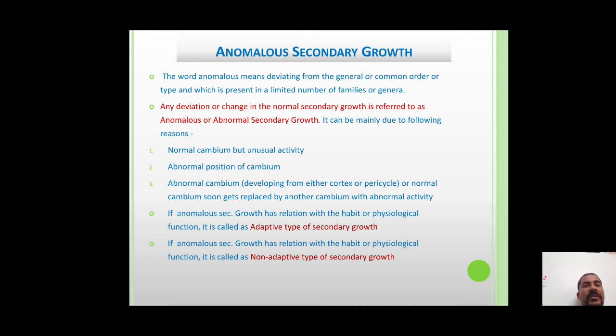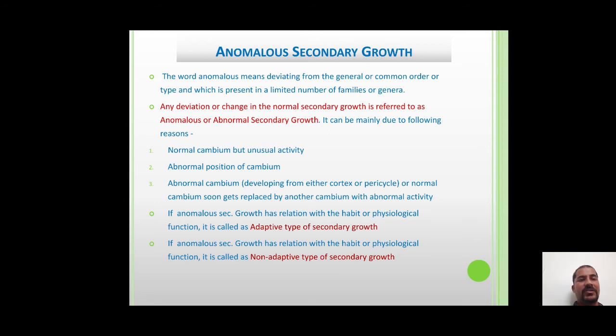There are two types of secondary growth. The one is adaptive growth, and the second one is non-adaptive type of secondary growth. In adaptive type of secondary growth, there is a relation with the habit or physiological function of the plant.